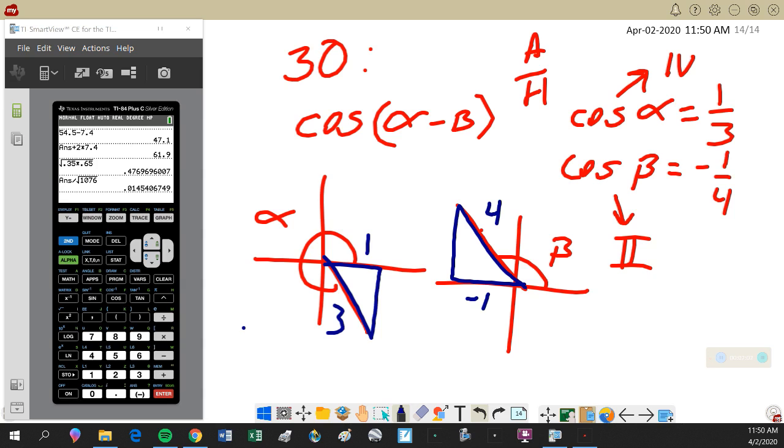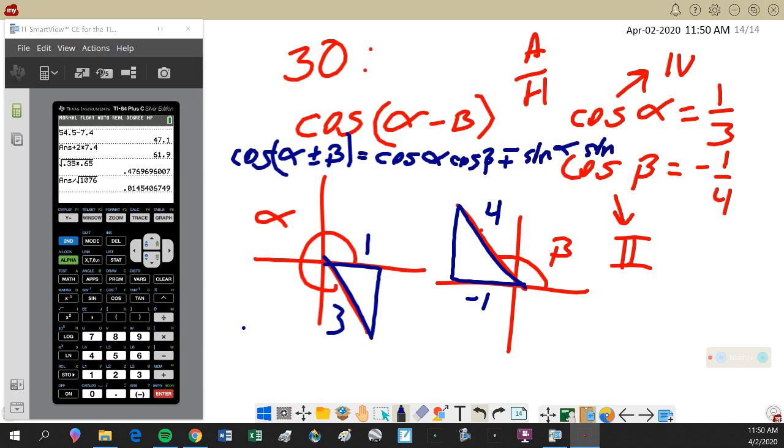The cosine formula for sum and difference is the cosine of alpha plus or minus beta is the cosine of alpha cosine beta minus or plus sine alpha sine beta.